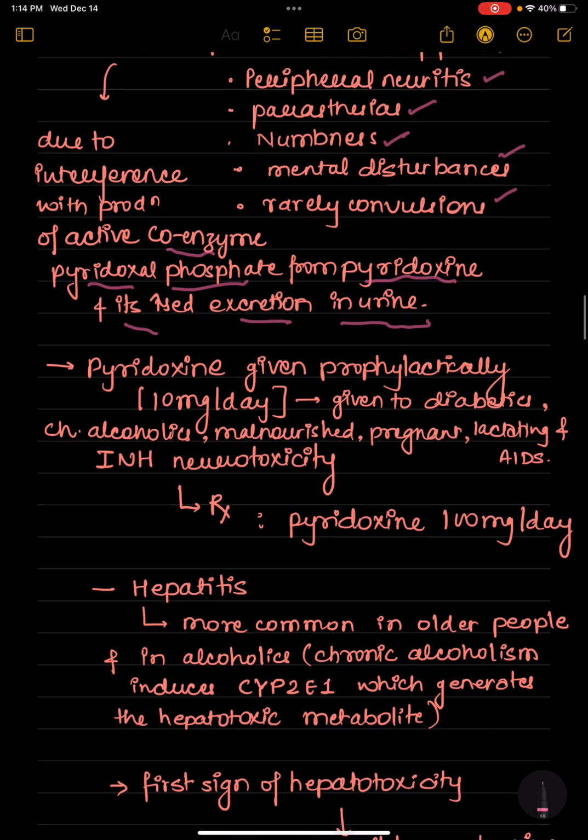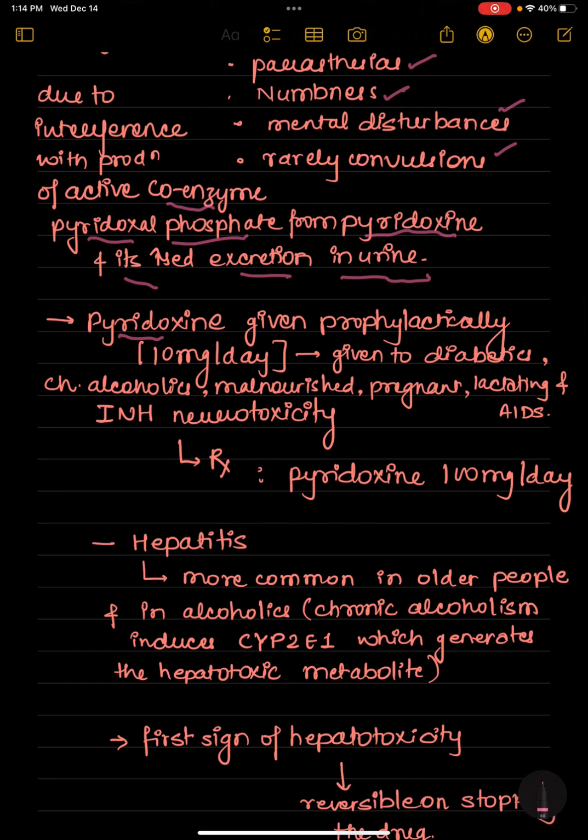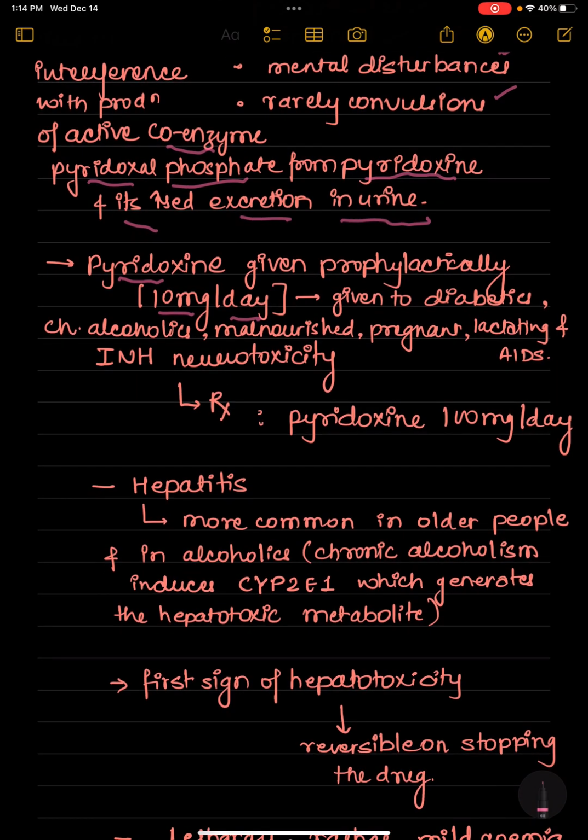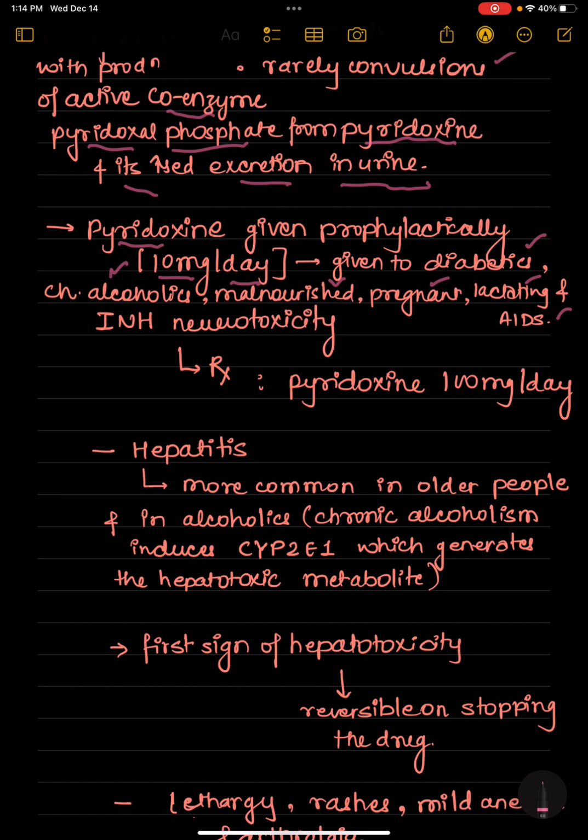So, for prophylaxis, we will give pyridoxine along with isoniazid at a dose of 10 mg per day, and this is given in diabetics, chronic alcoholics, malnourished people, pregnant women, lactating women, and in AIDS patients. For isoniazid neurotoxicity, the treatment is pyridoxine 100 mg per day.